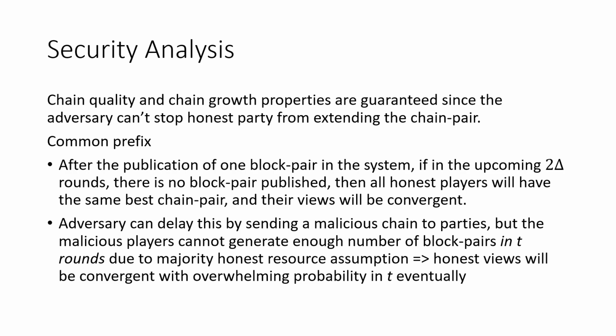For the common prefix property, the proof idea is that after the publication of one new block pair in the system, in the upcoming two data rounds, other honest players will have the same best chain pair. The adversary can prevent this by creating new block pairs, but in the long run, he won't be able to catch up, and there won't be an opportunity for other honest players to have the same view.